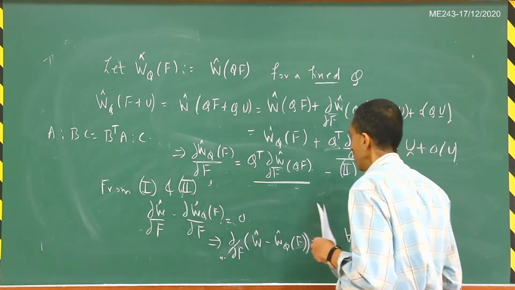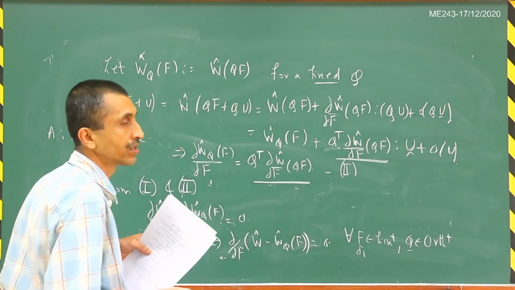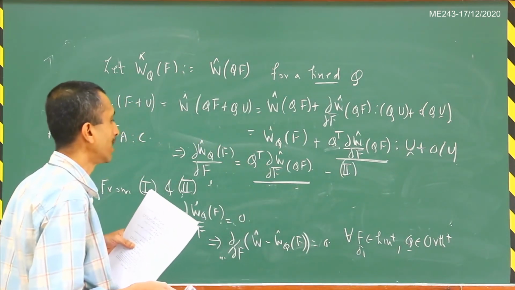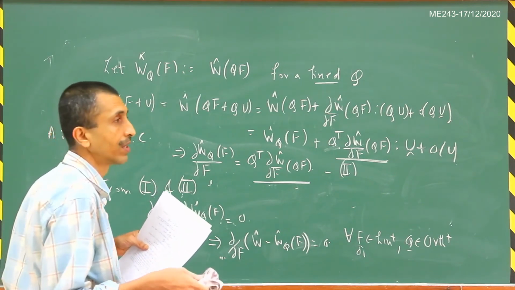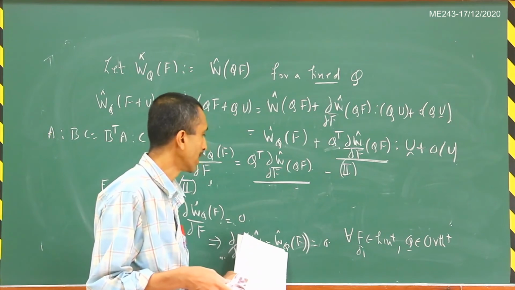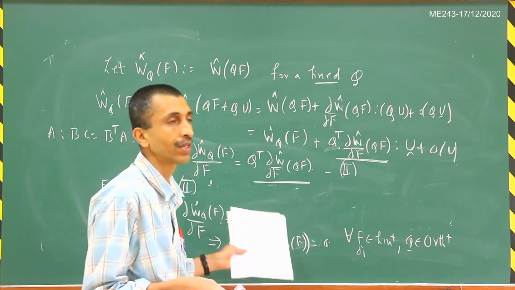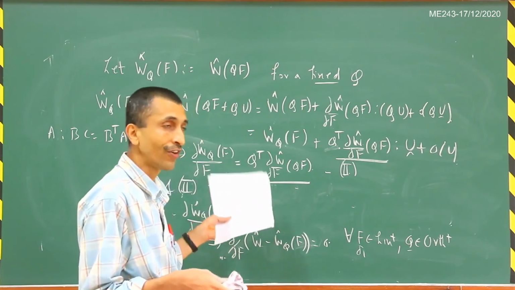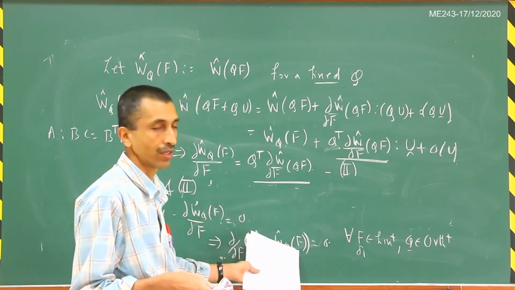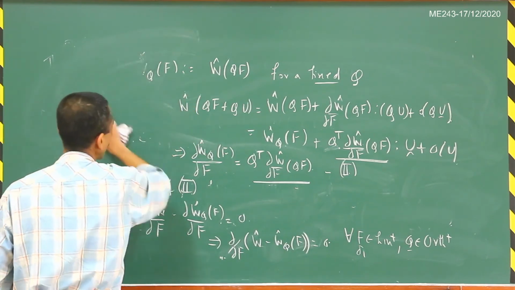Now, if you go back to the statement of the theorem, it is an if and only if statement. That means if W hat equals W_Q of F, then it is frame indifferent, and conversely, if it is frame indifferent, then W hat equals W hat of Q. So let us now try to show this.